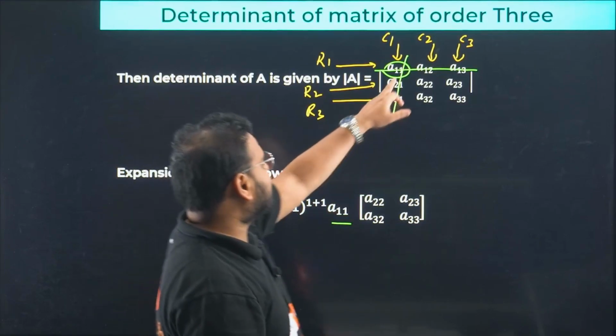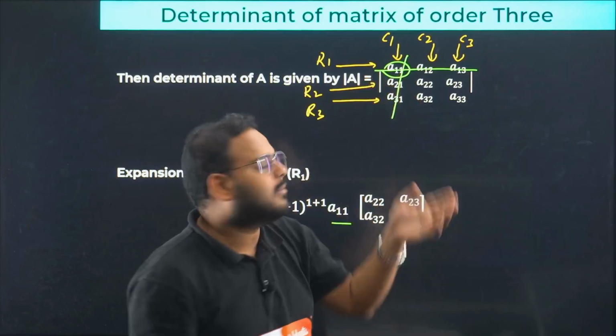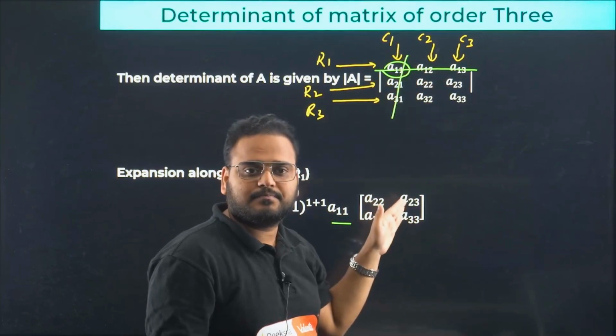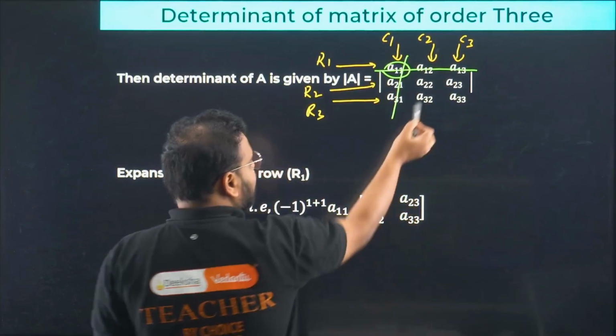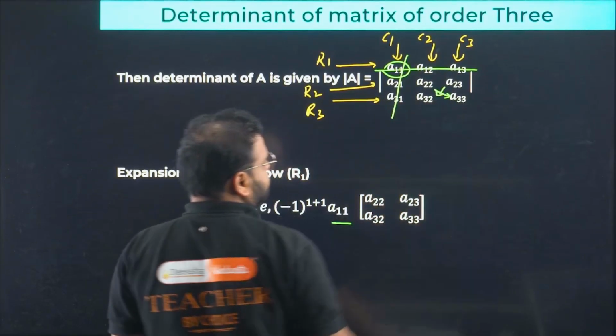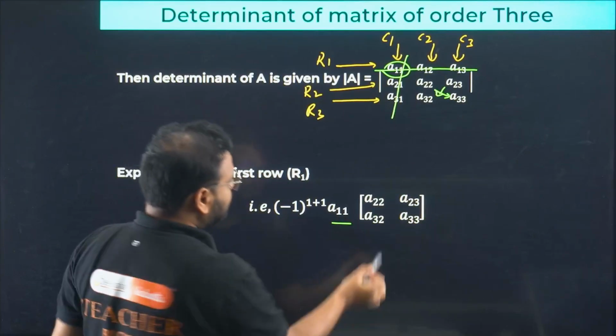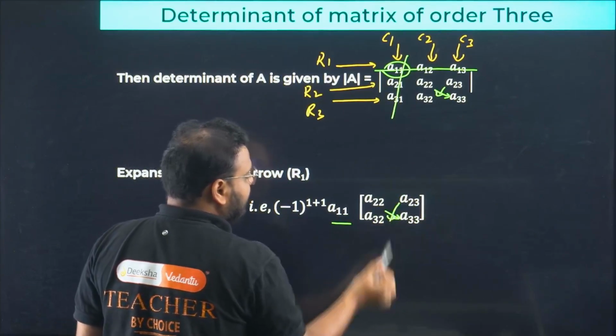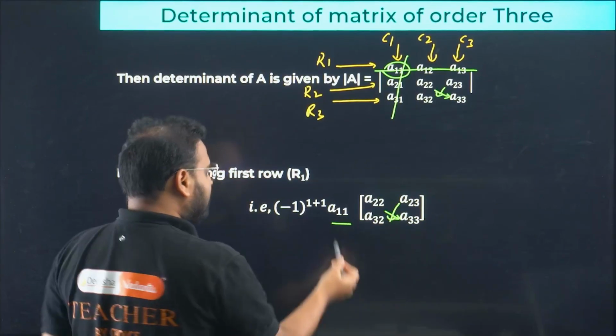What is the address of the element? A11, first row, first column. So remove the first row and first column. Once you do that, for your remaining 2 cross 2 matrix you do the same operation, A22, A33 minus A23, A32. Multiply like this and multiply with A11.